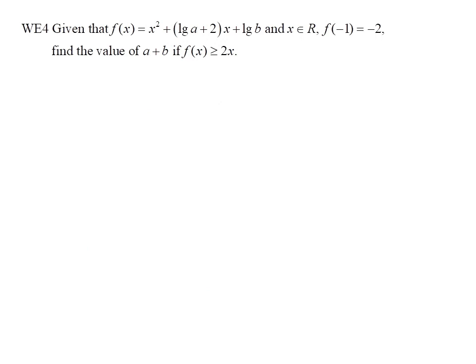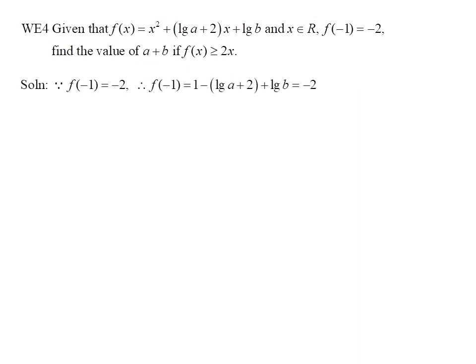Example 4 presents a logarithmic function f(x), which equals x squared plus common logarithm of a plus 2, in parentheses, times x, plus common logarithm of b, where x is a real number and f(-1) equals -2. The question is to find the sum of a and b given that f(x) is greater than or equal to 2x.